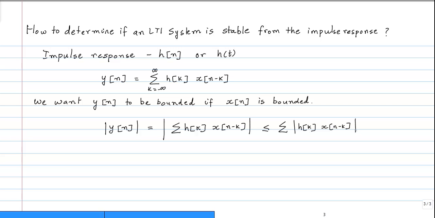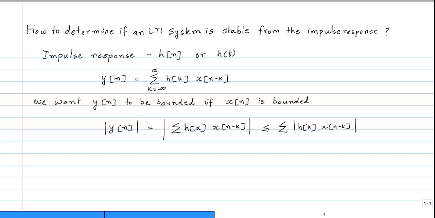It's easy to see this in the case when x and h are real. If I were to sum a few real numbers and then take the absolute value, some of them can be positive and some can be negative, so I may end up with something smaller than summing the absolute values of each of those real numbers. That's all that's going on here.